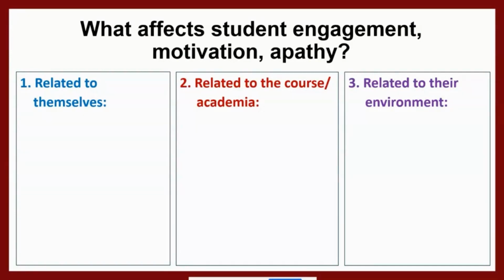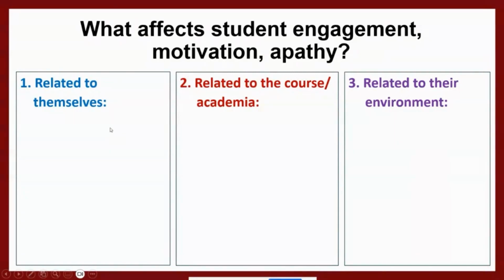It almost feels overwhelming as instructors. How do we deal with this? So my idea is that understanding the problem, knowing what the challenge is, helps you implement solutions and things that will improve the situation. So let's look at what the research and the articles have said about what is affecting this.